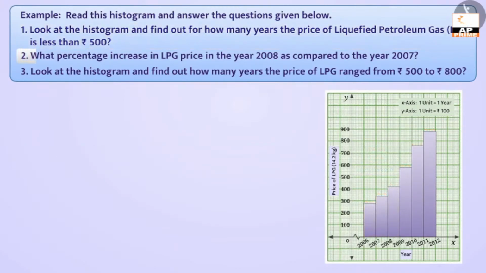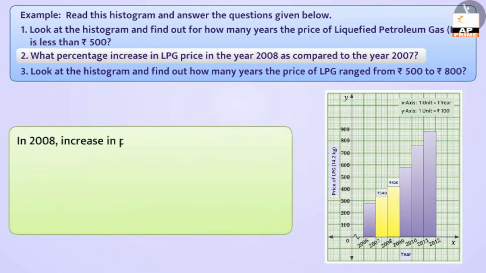Can you tell what is the percentage increase in LPG price in the year 2008 as compared to year 2007? Here, the price of LPG in 2008 is 420 and in 2007 the price of LPG is 340. In this way, the price of LPG increased from rupees 420 minus rupees 340, which is equal to rupees 80, from the year 2007 to 2008.